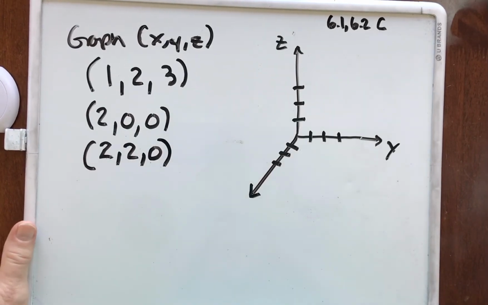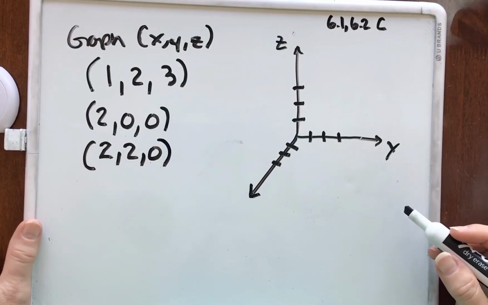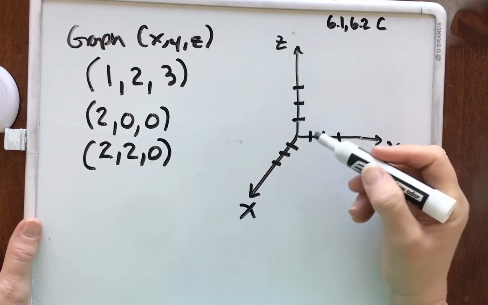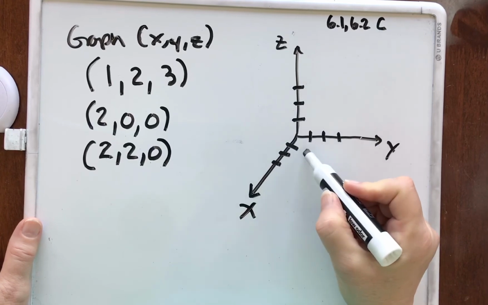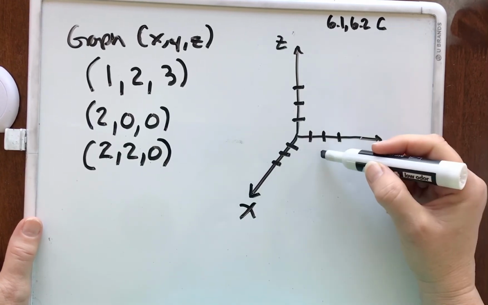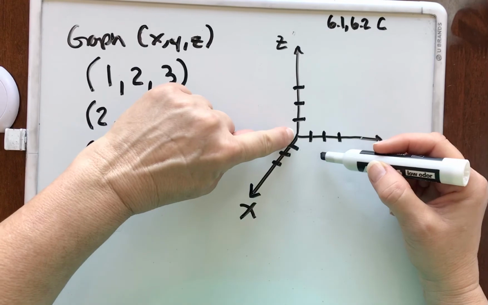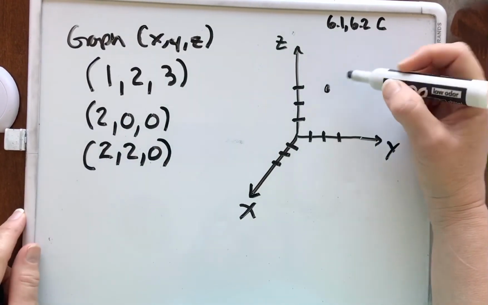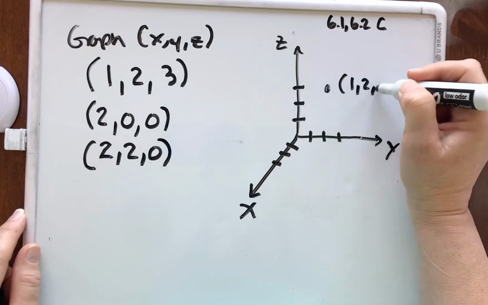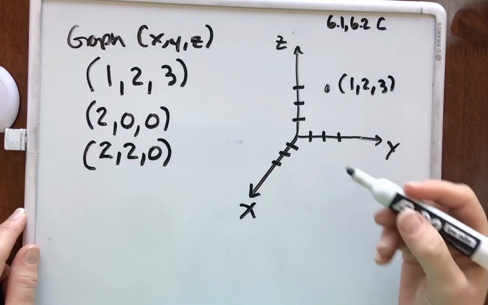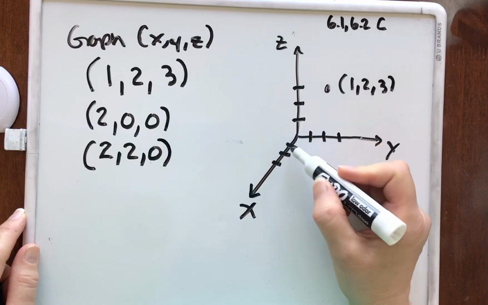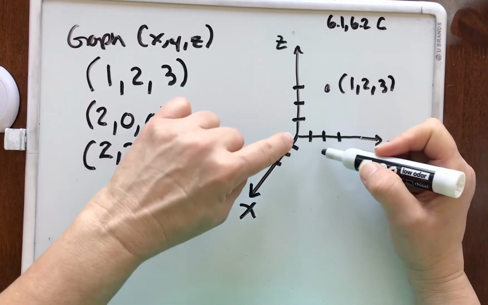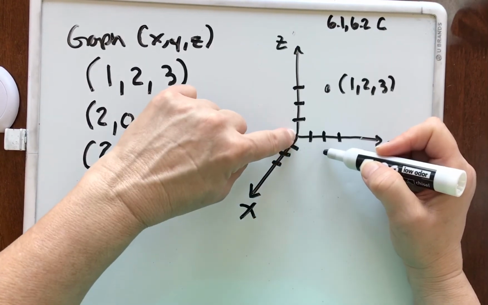Okay. Well, let's see how you did on 1, 2, 3. We go 1 in the x direction, 2 in the y direction, and 3 in the z. Remember z, this is 0. So this point right here is 1, 2, 3. I'll do that again. We went over 1 for x, we went over 2 for y, and we went over 3 for z. Even though we're here, really z starts here.